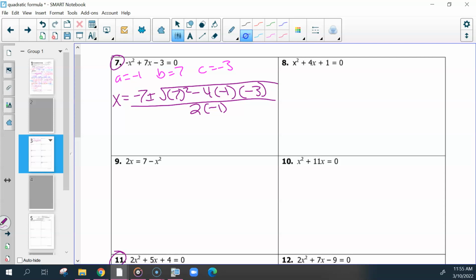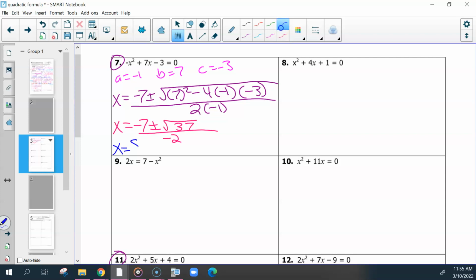Start to simplify. What would your discriminant be? 37. Is that a perfect square? No. So our solution set is going to be this in the negative version.